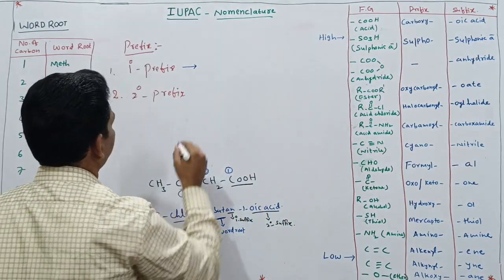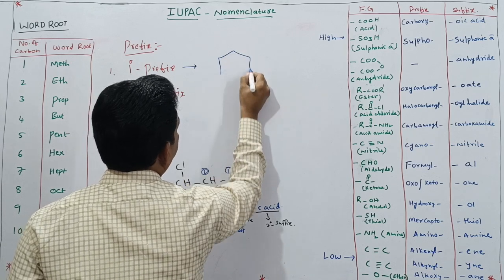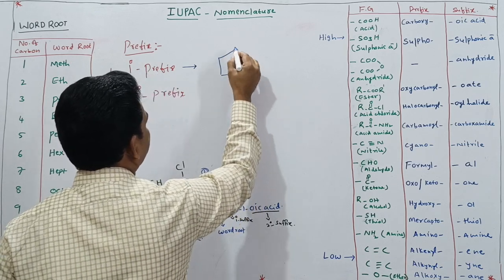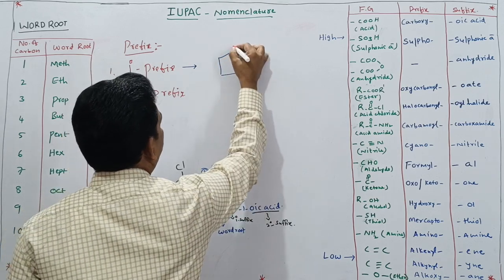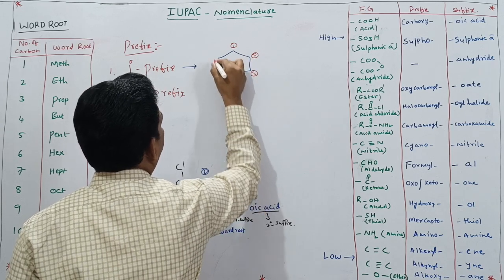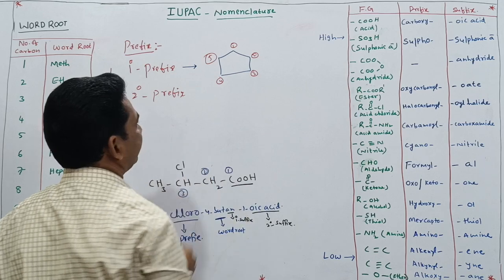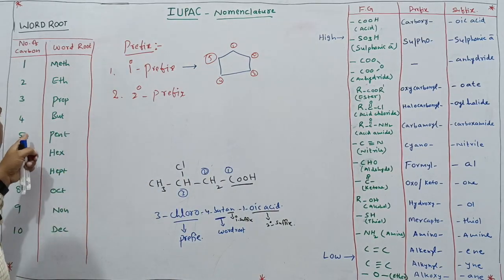For example, you can take this. How many carbons does it have? 5 carbons: 1, 2, 3, 4, 5. 5 carbons means what will the word root become?